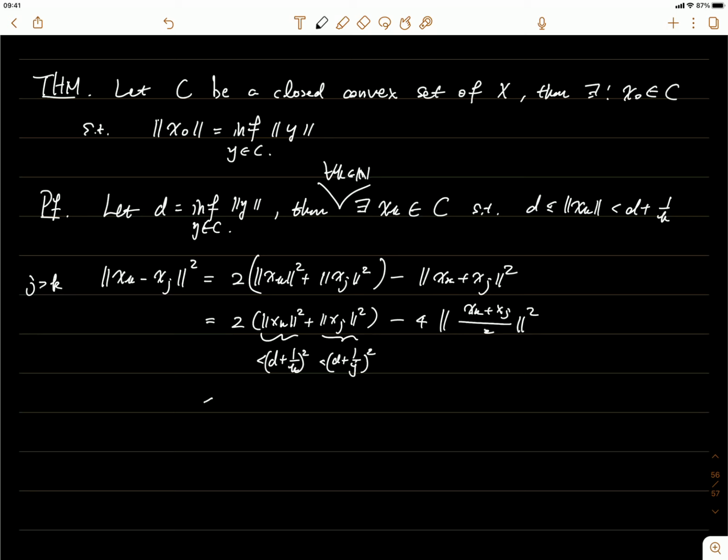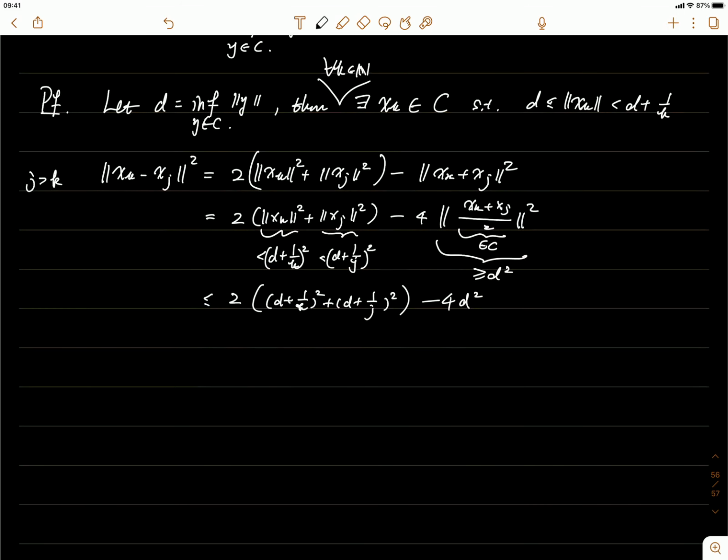Then I know this is less than or equal to 2 times (D plus 1 over k) squared plus (D plus 1 over j) squared. On the other hand, I know that this one is in C, so this norm must be greater than or equal to D squared. And since we're subtracting it, it's less than or equal to 4D squared.